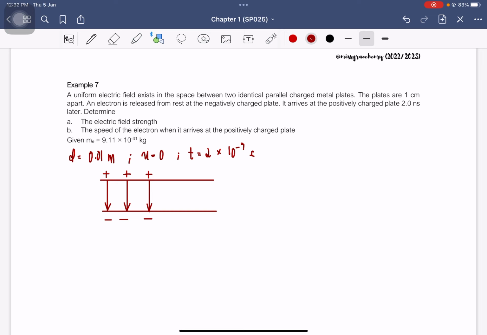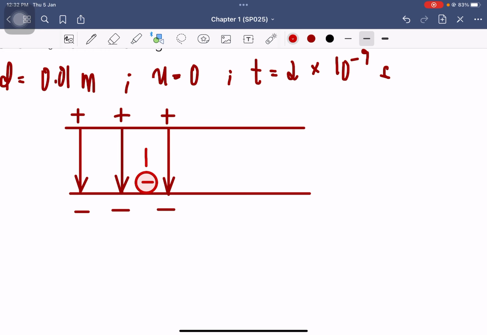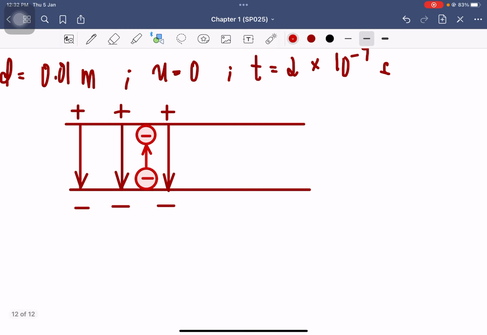This is just how I would explain it to you. An electron is released at this negative plate here, so it's a negative charge. And then it arrives 2 nanoseconds later at this point here, from point A to point B.